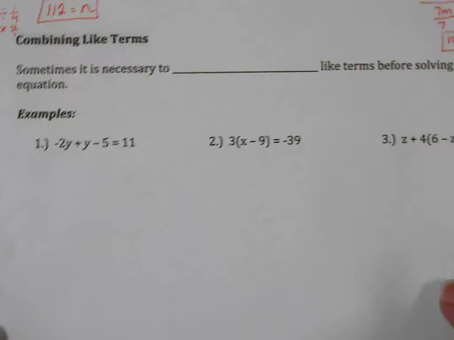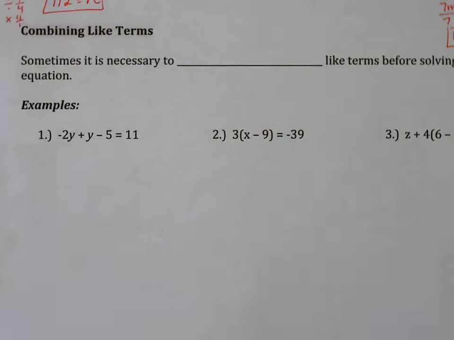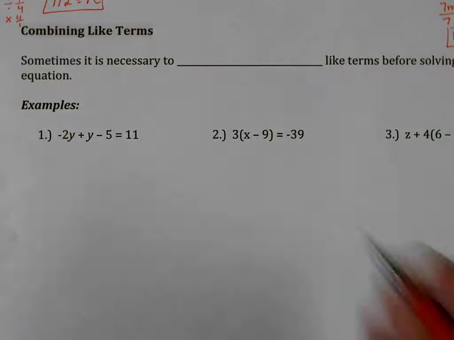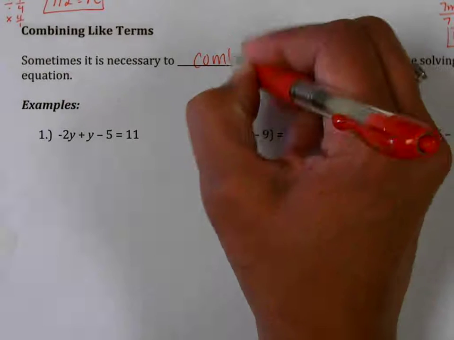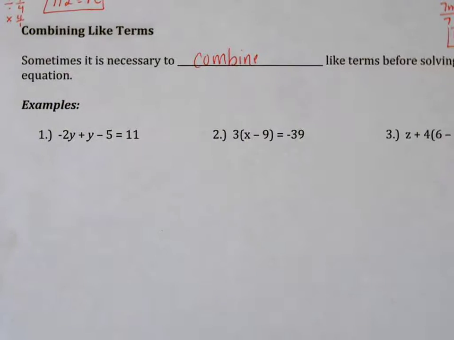Okay, some equations are going to require us to combine like terms before solving the equation. So let's look at this example. Negative 2y plus y minus 5 equals 11. Before we start the process, we want to make sure that we combine all like terms before we solve.